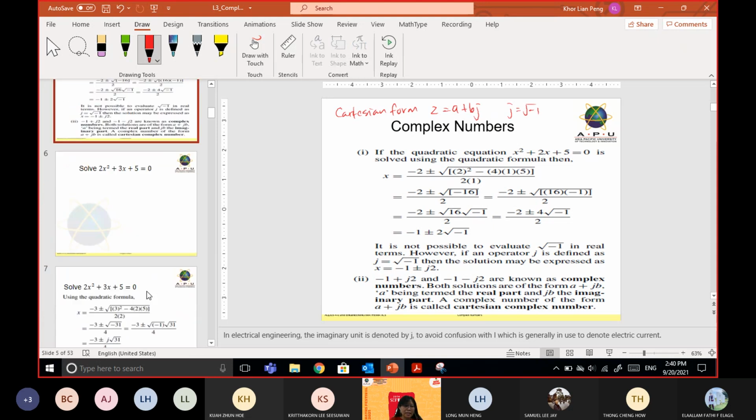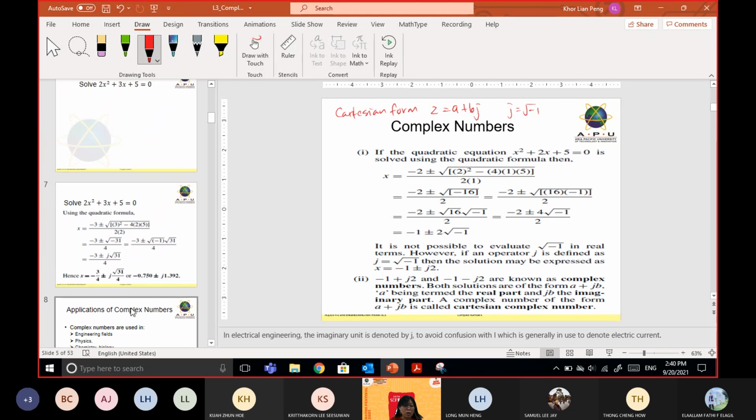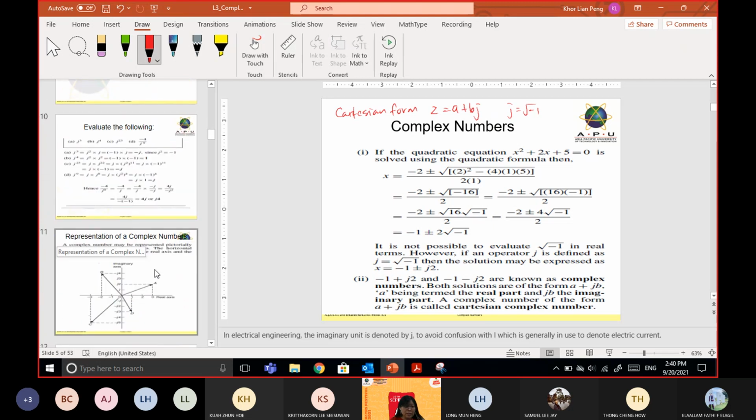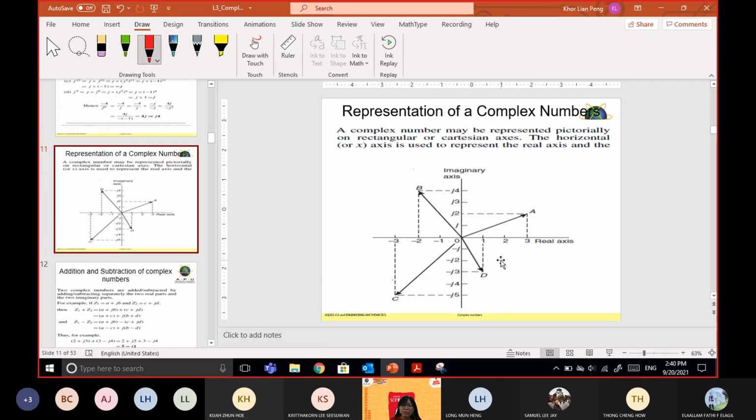Then we went through the operations. First, we can represent the complex numbers in the Argand diagram, and you have to take note. We can write it as x plus yj, so it will be easier for you to remember.